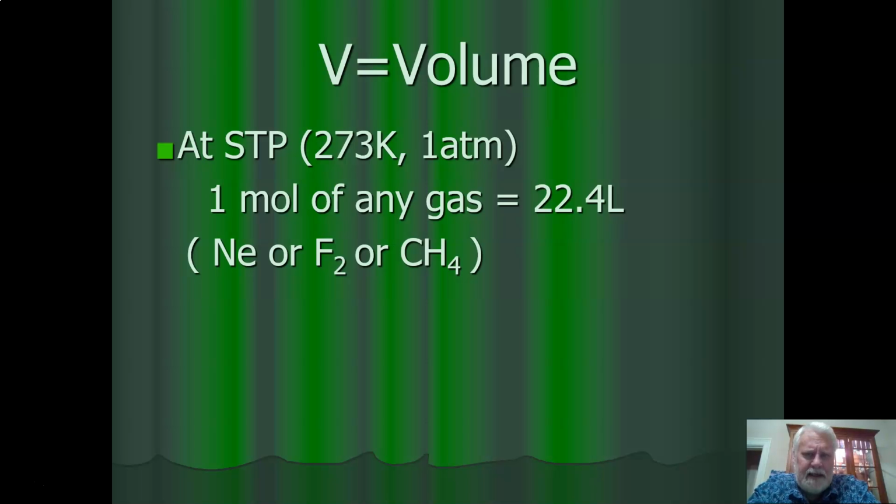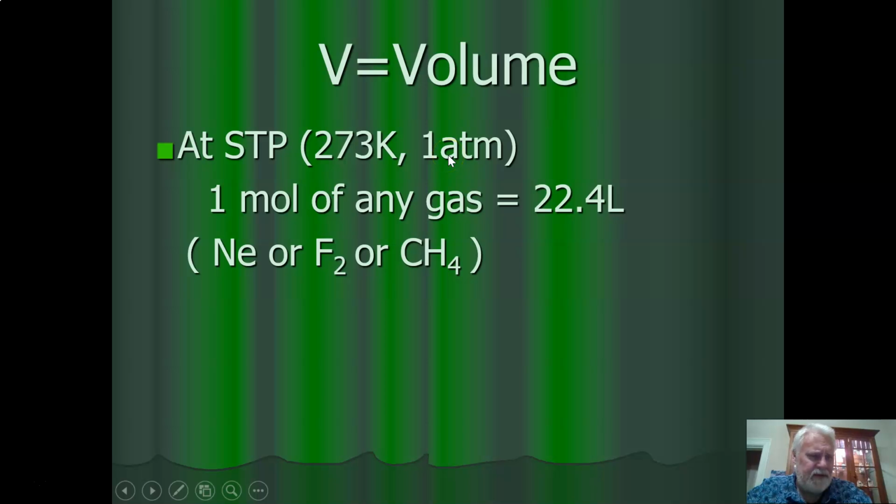we have already stated that gases are very unique in that if you have the same conditions, which is STP, that would be 273 Kelvin. Now notice that's a capital K with no degree symbol. And we're going to get to that when we do our temperatures and how to convert from Celsius into Kelvin.